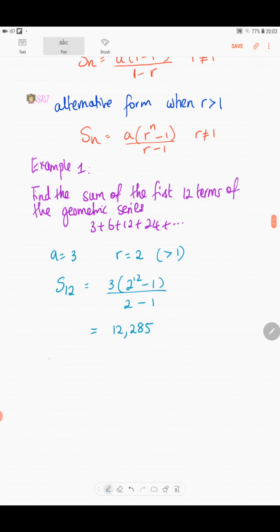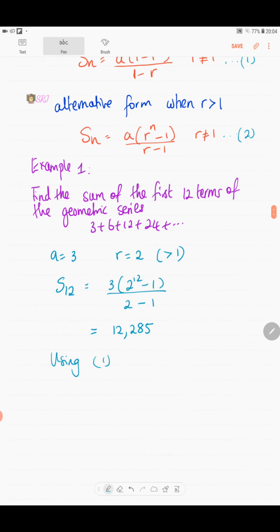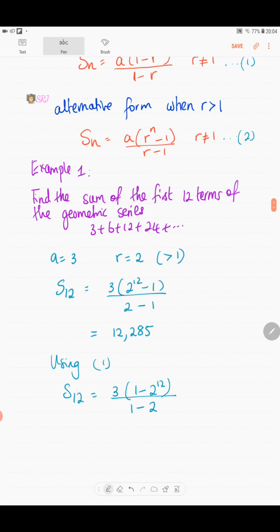So the first formula, let's call this 1 and this one 2. So using 1, S12 would be 3 into 1 minus 2 power 12 over 1 minus 2.